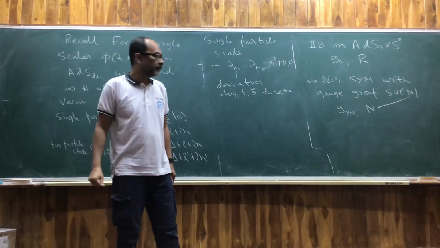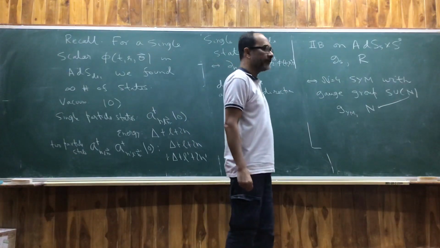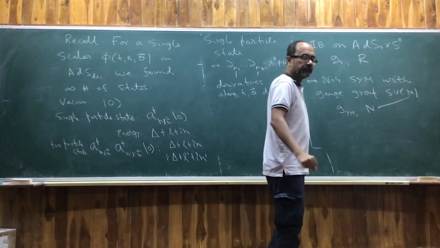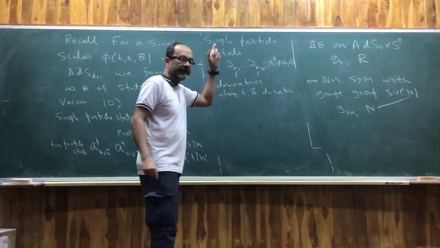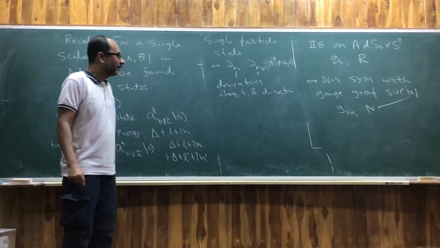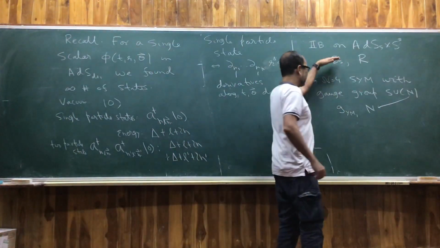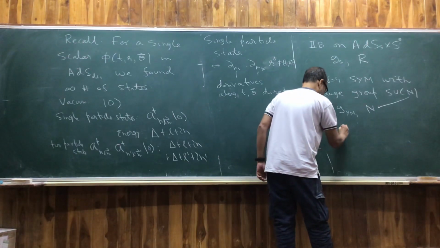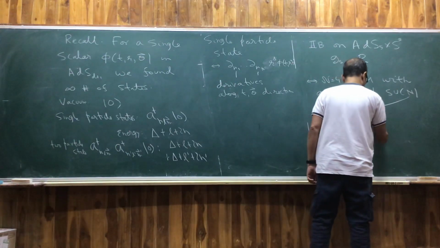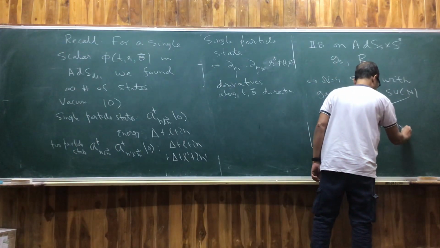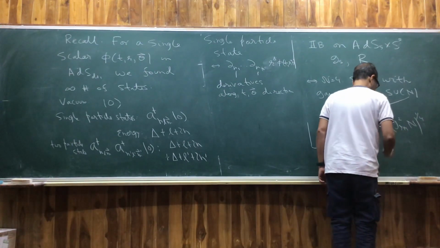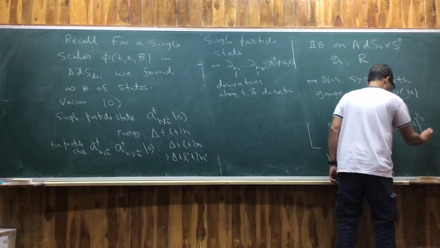The S5 is an independent sphere, because type 2B is in 10 dimensions, so the total dimension has to add up to 10. There are relations between these two. I don't remember the exact relation, but I think G_S is G Yang-Mills squared, and R is something like (G Yang-Mills squared N) to the 1/4, up to some proportionality constant.